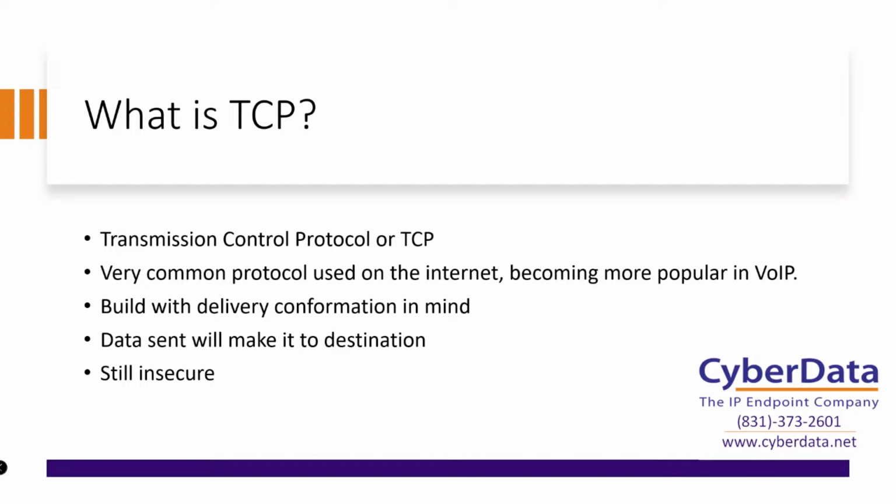If you send message 1 and it doesn't make it, you will stop and not send message 2 until you get an acknowledgement that message 1 was received. It's an easy way to ensure that whatever data you're sending will make it to the end destination and will be there without a problem.